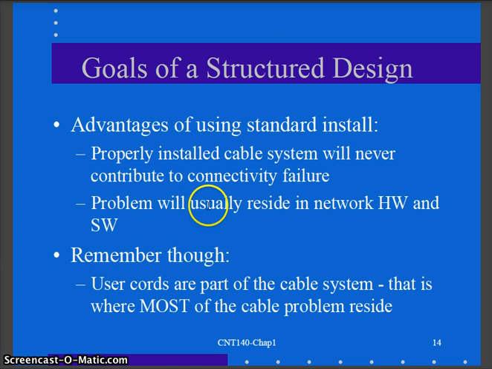The advantage of this is the properly installed cable system will never contribute to connectivity failure. Well, that sounds like a far stretch, but really, if I install my cabling correctly in my building, it really shouldn't be the problem of the cabling if there's a network failure. It's usually going to reside in some other aspect of the network, like down here, user cords are part of the cable system.